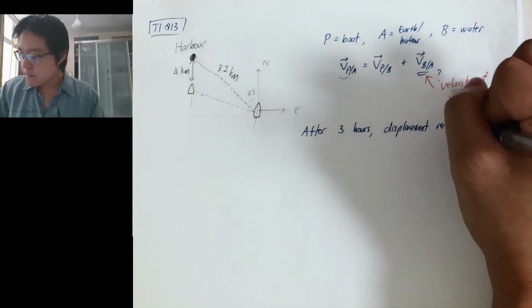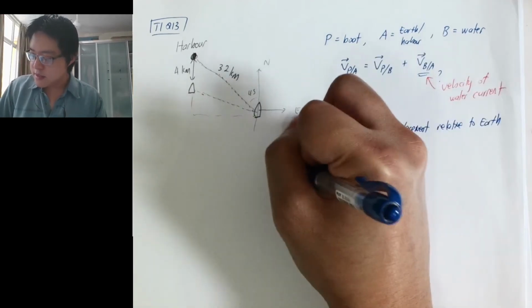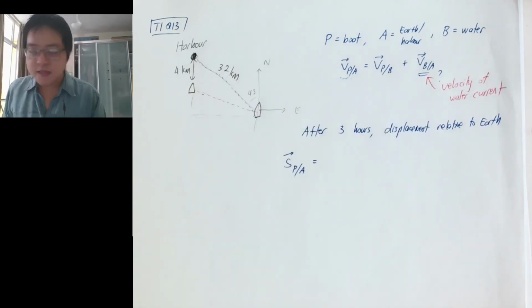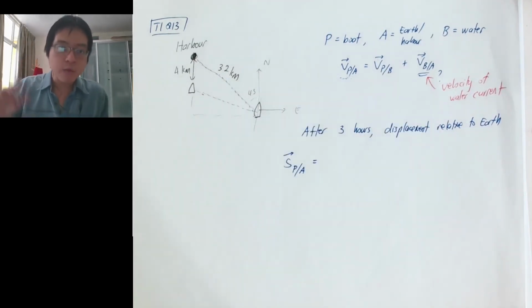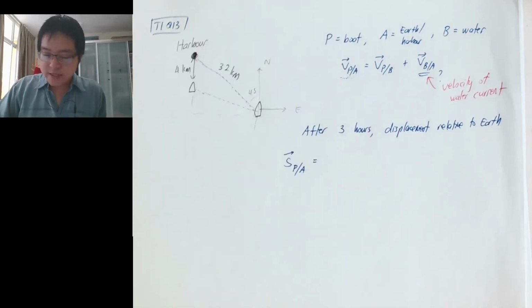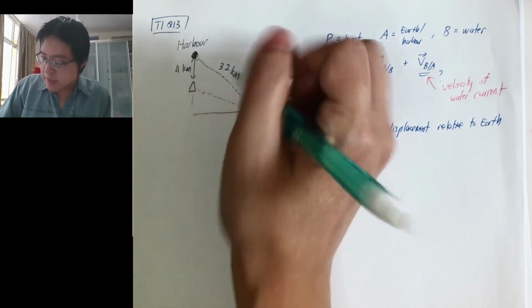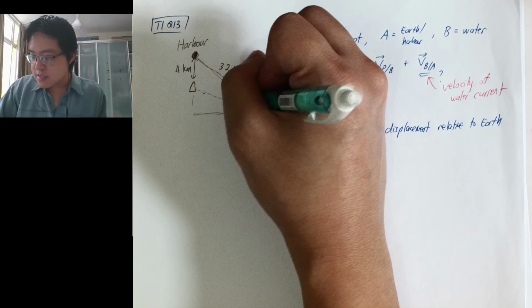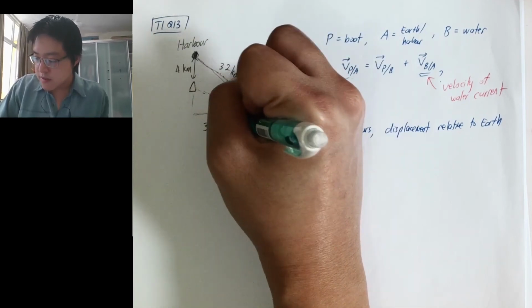So the displacement relative to earth is this formula. How to get displacement? It's a vector, right? You need the x and y components. What is the x component? This boat has moved to the left. This is 32, this is 45, therefore this is 32 cos 45.